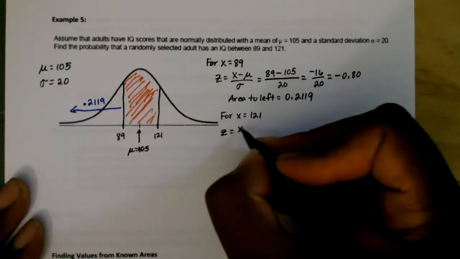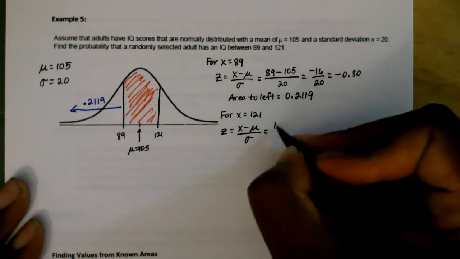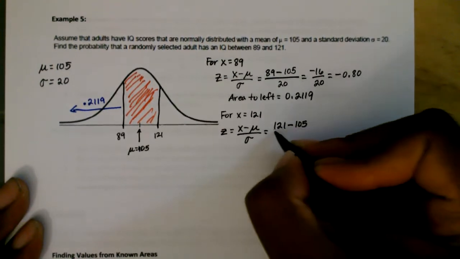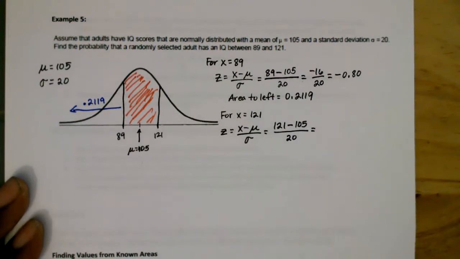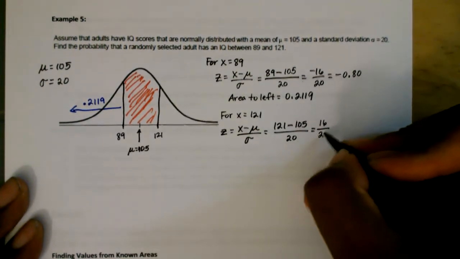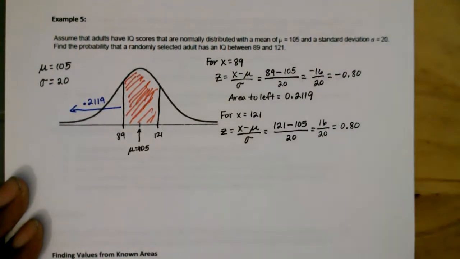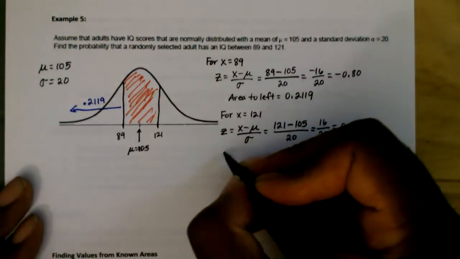And now for x equal to 121. That z-score formula is still the same, but this time x is 121 minus mu, which is 105, divided by sigma, which is 20. Now, 121 minus 105 is going to be 16. 16 divided by 20 would be positive 0.80. And now we want the area to the right.